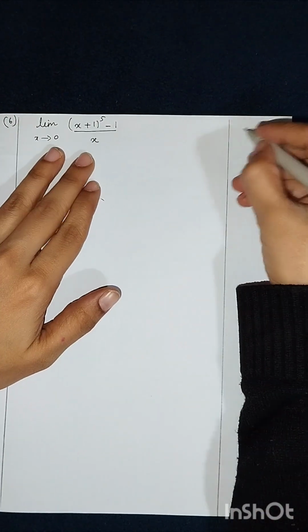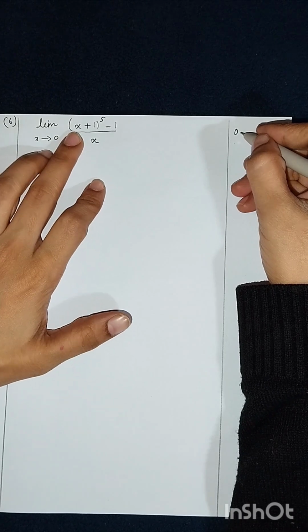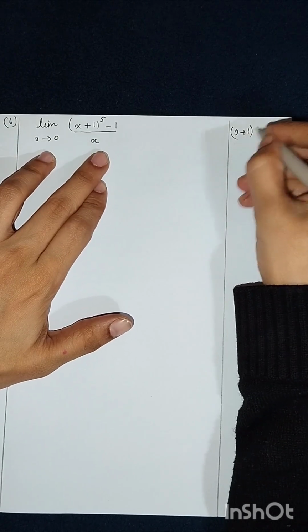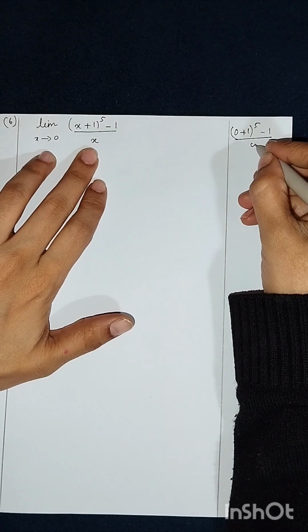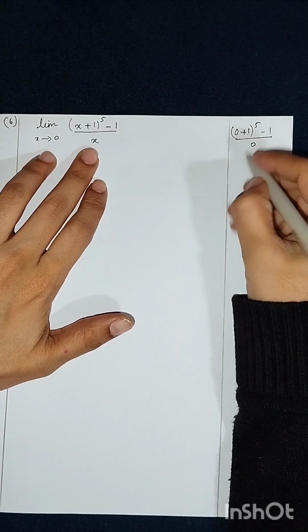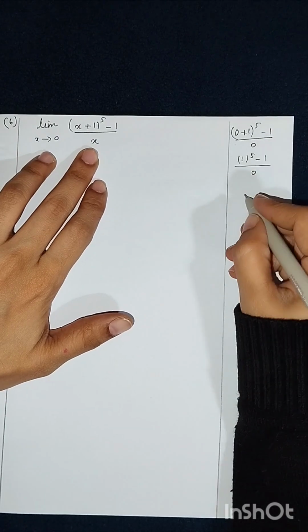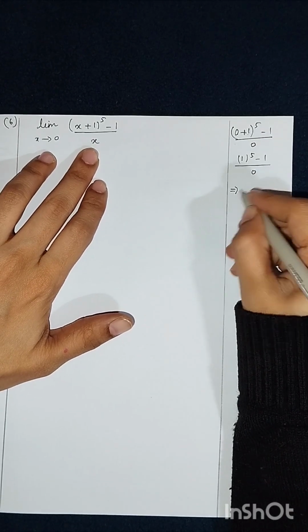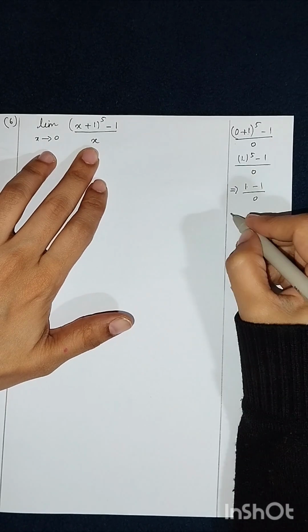In the place of x I'll give 0. 0 plus 1 to the power of 5 minus 1, and in the denominator it is 0. 0 plus 1 is 1. 1 to the power of 5 is 1, minus 1, by 0.